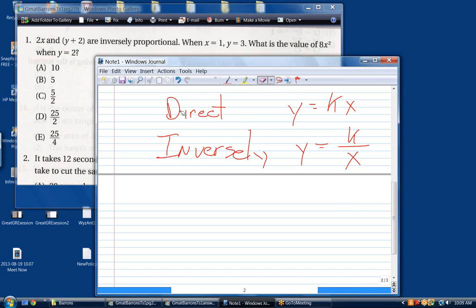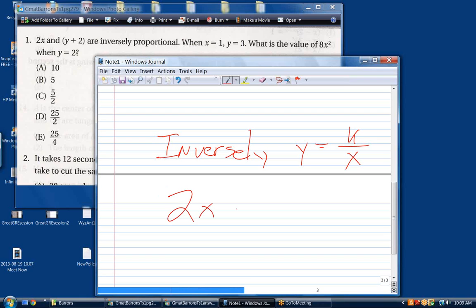And when they give us a problem like this, they're saying 2x and y plus 2 are inversely proportional. So that allows me to say, well, 2x is equal to some k divided by y plus 2. There is an inversely proportional relationship.